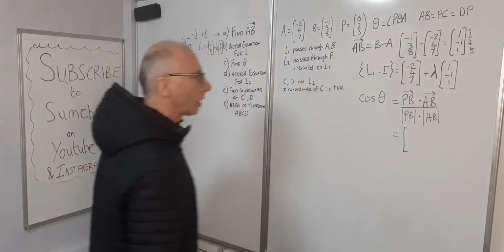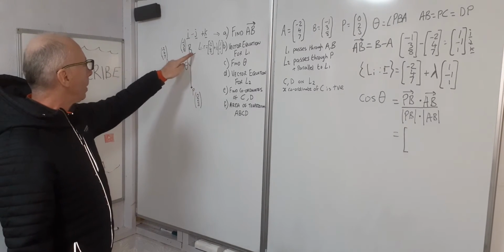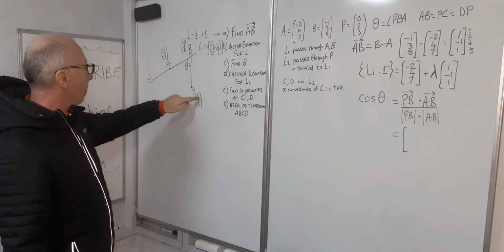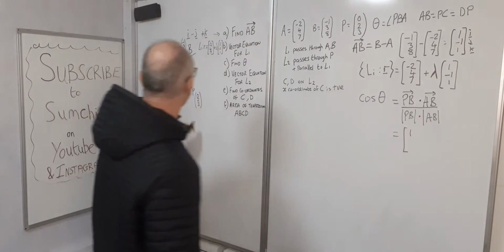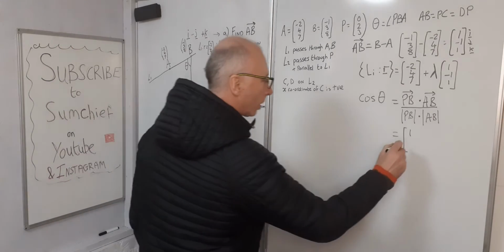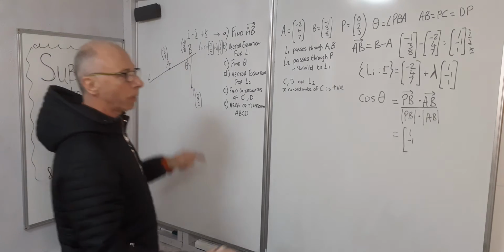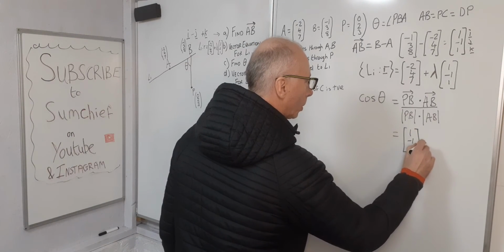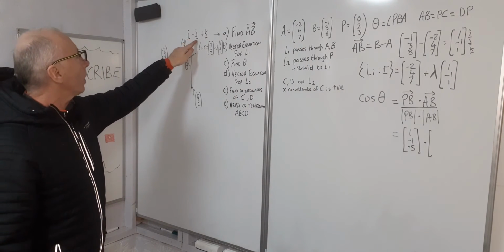If we do it quickly in our heads, P to B, we take B off P. So 0 minus -1 gives us 1. 2 minus 3 is -1. And 3 minus 8 gives us -5. Multiplied by AB, which we know is 1, -1 and 1.